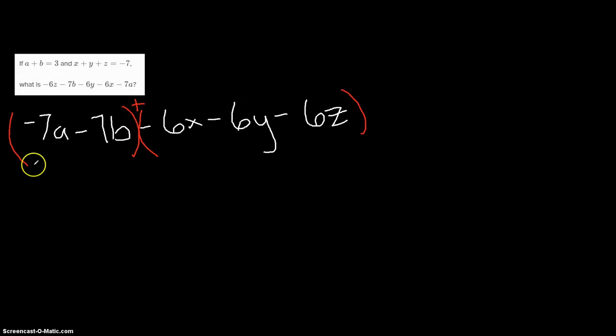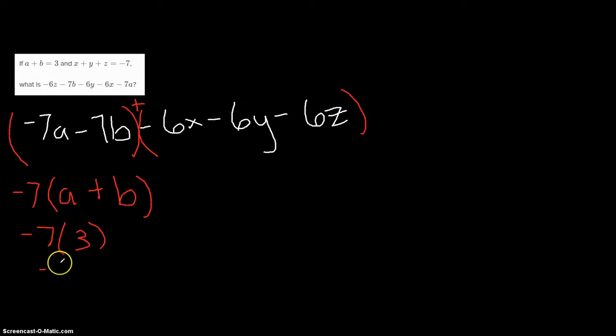So we see that negative 7 can be factored out, and we would have negative 7 times a plus b. And we know that a plus b equals 3. So we can replace this a plus b with 3. And then we would have negative 21 right here.